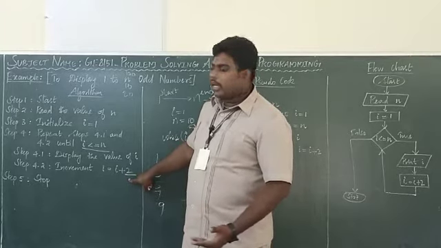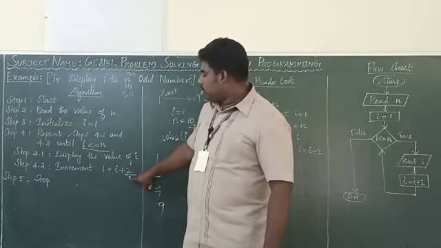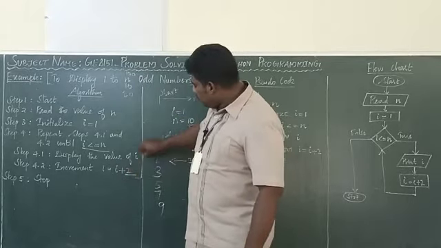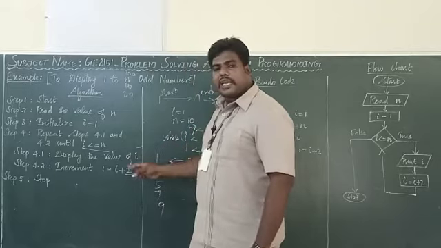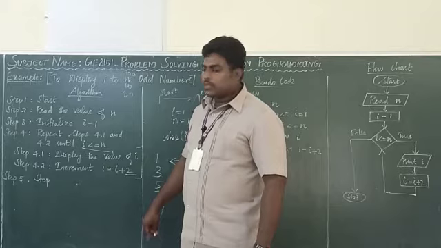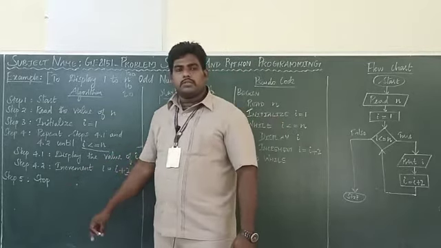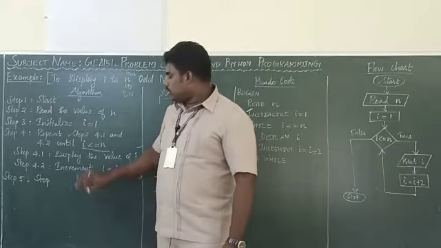As I want to display odd numbers, I am putting I plus 2. So these 2 statements will be repeated again and again till this condition fails. That is looping. Once this condition fails, it will terminate the algorithm. Okay, this is the algorithm.